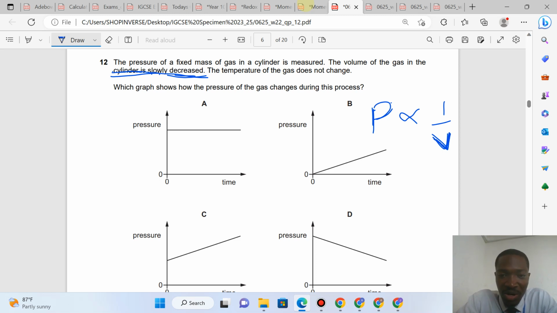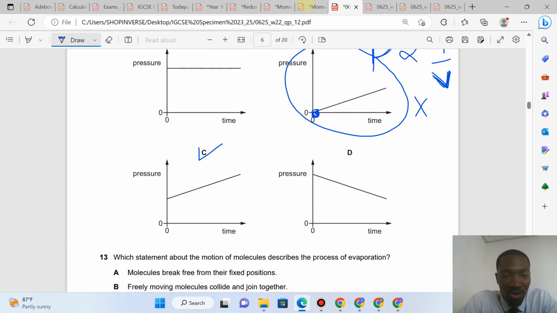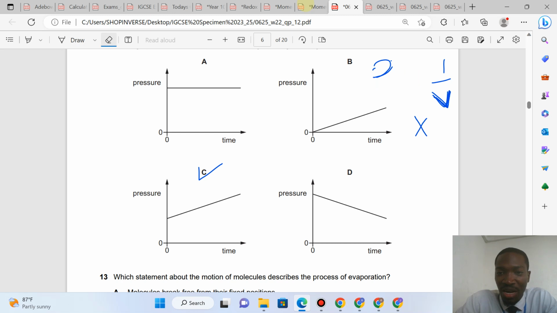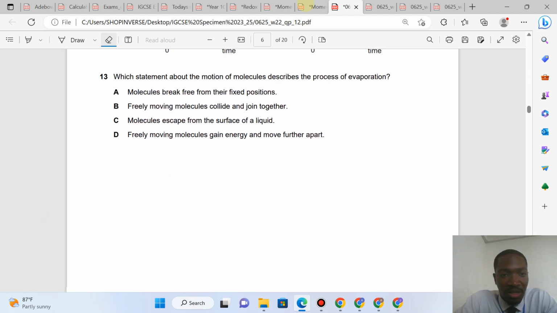Ideally many people would expect option B to be correct, but option B is not correct because the pressure of a gas can never be zero. So the graph should never start from the origin. That's why we are picking option C. The pressure of gas can never be zero. As long as we have gas molecules, then the pressure can never be zero. It's only in a vacuum that you have pressure being as low as zero.